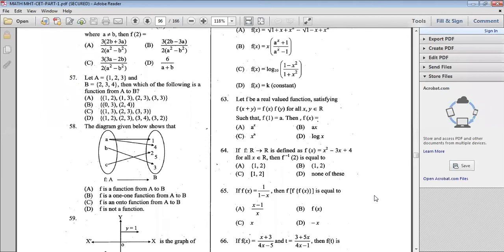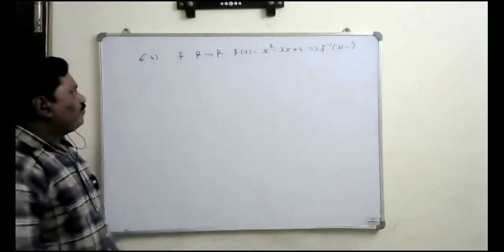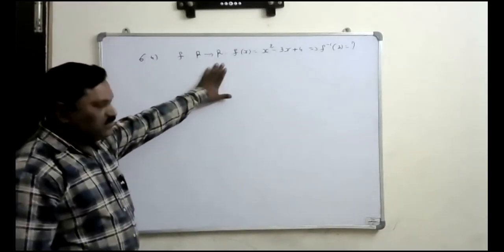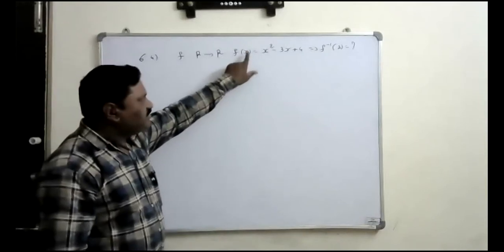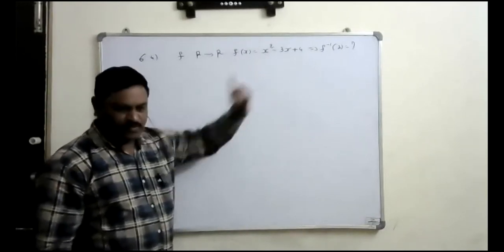f inverse of 2. Okay, then look at this. How do you find this? f maps R to R and the function f of x is given as x square minus 3x plus 4.